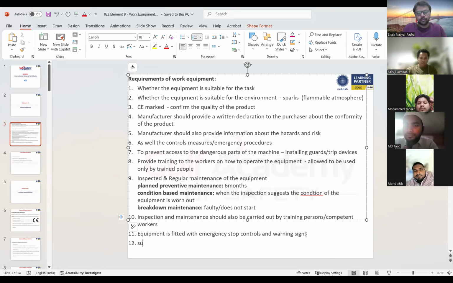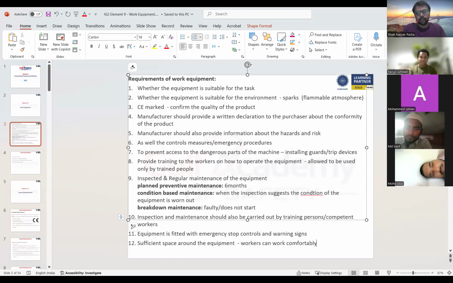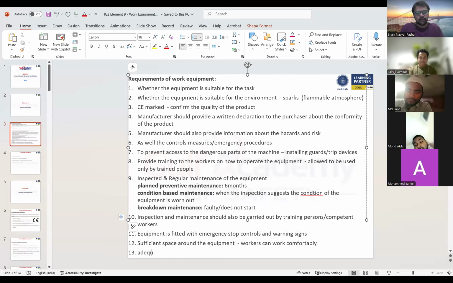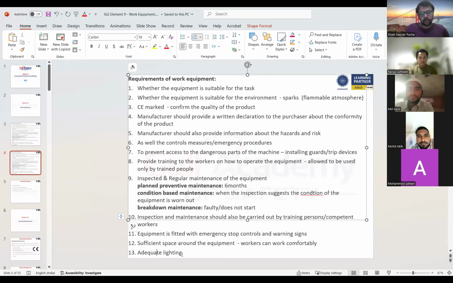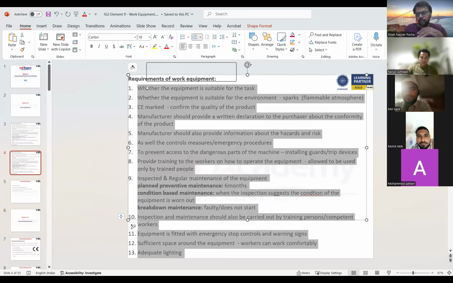And there should be sufficient space around the equipment so that the workers can work comfortably, and there should be adequate lighting around the workplace. So that is also one of the requirements, or you can say a general requirement.